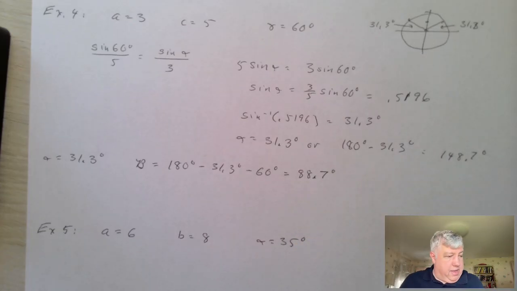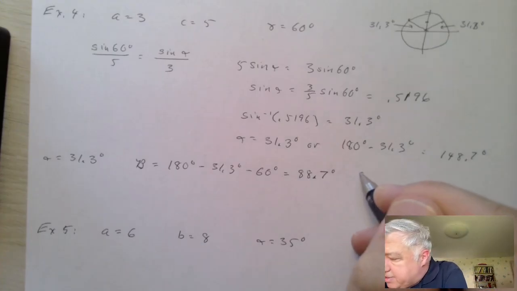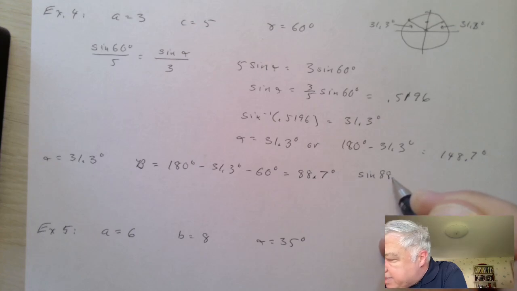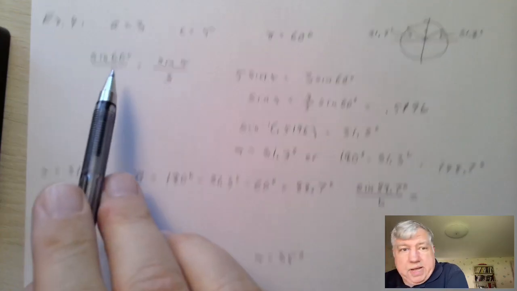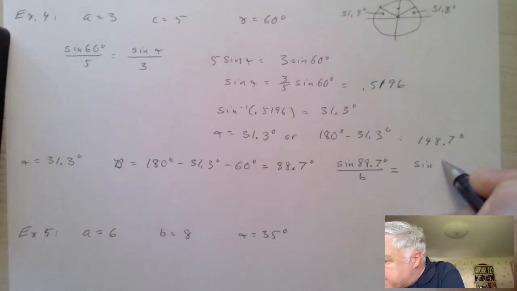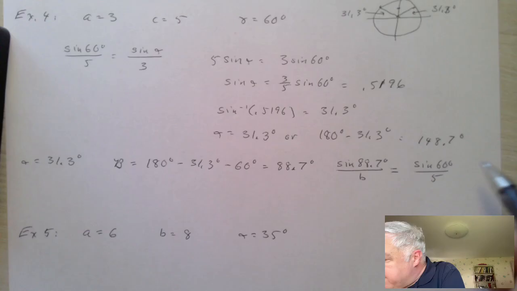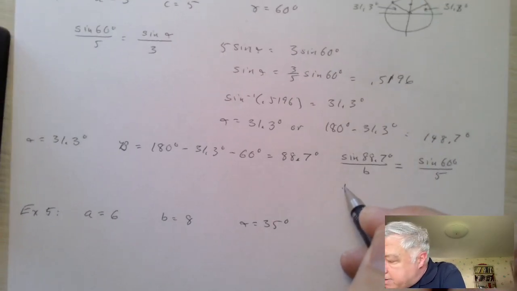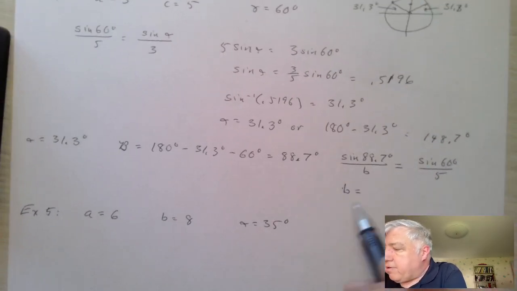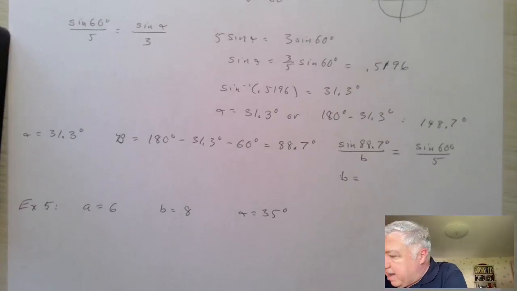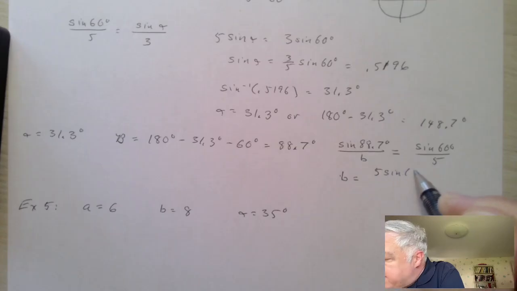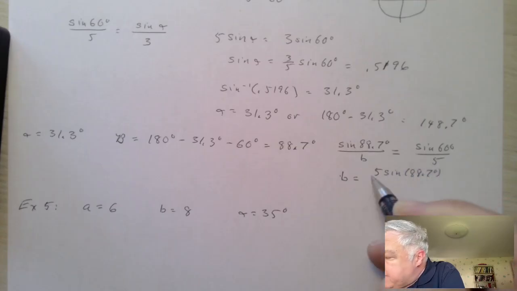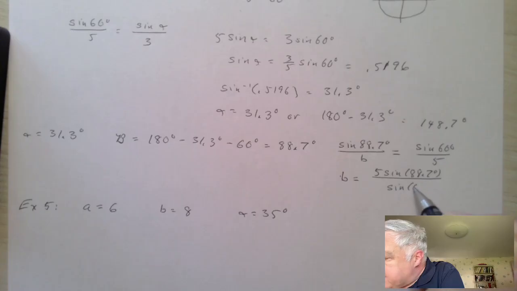All right, and then we can use the law of sines again to find what b is. Well, sine of 88.7 degrees divided by b is equal to, we'll just go back up here and use sine of 60 degrees divided by 5, okay, and we can cross multiply and divide by sine 60, so you'll get that b is 5 sine of 88.7 degrees divided by the sine of 60 degrees.